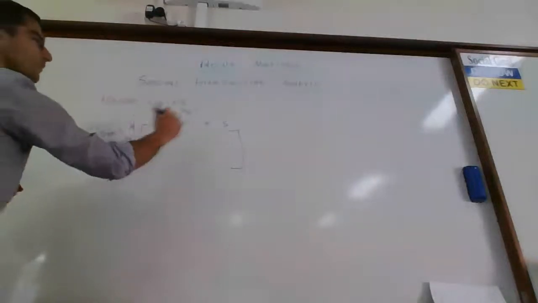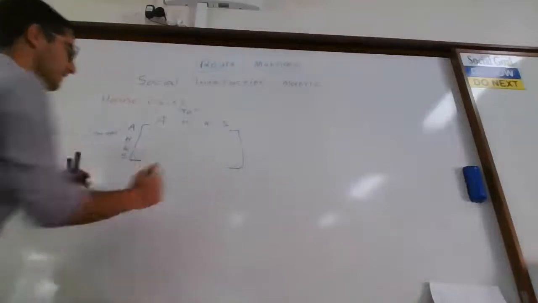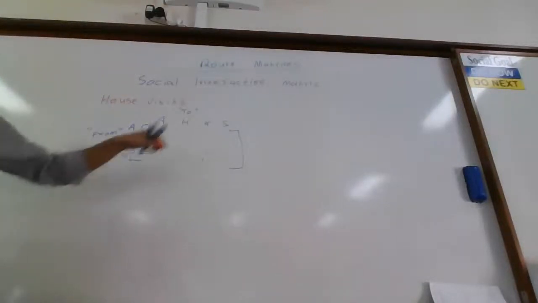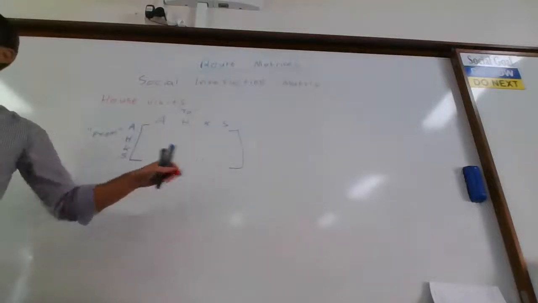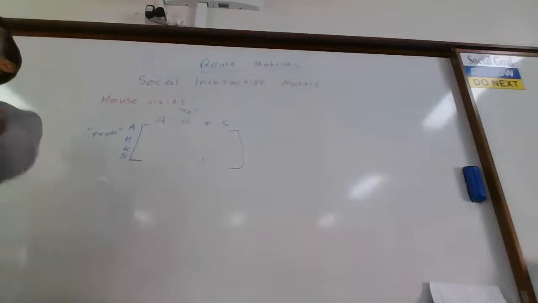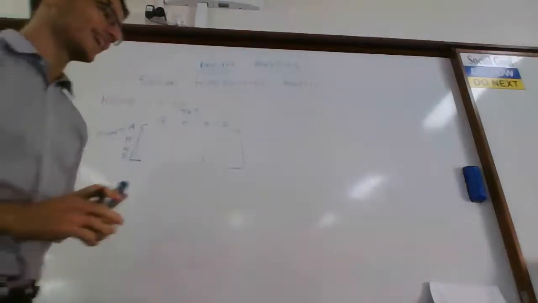Let's say that there's a number 1 over here. That means that Selena has visited Kata's house. Kata's grandparents don't like people overload. Okay, so this is a hypothetical situation. This is showing that Selena has visited Kata's house.